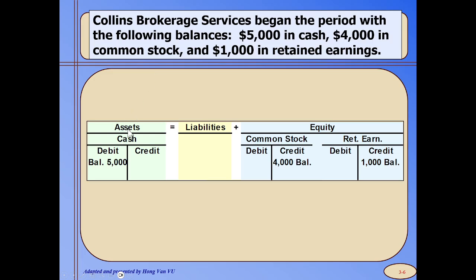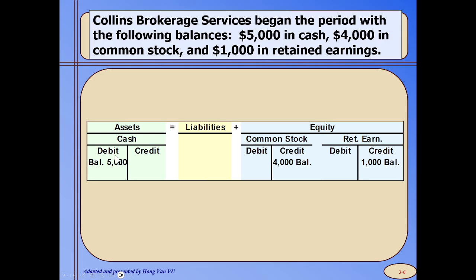So you can see that we have three accounts here. Cash is an asset account. We have common stock, a stockholders' equity account, and retained earnings, a stockholders' equity account. So at the beginning, the company has a balance of 5,000 in cash.